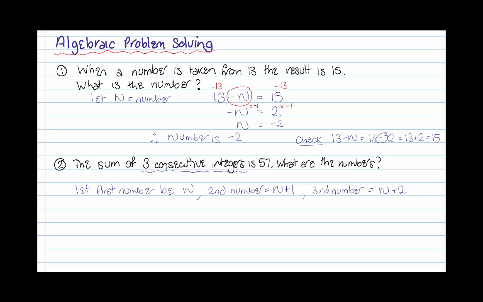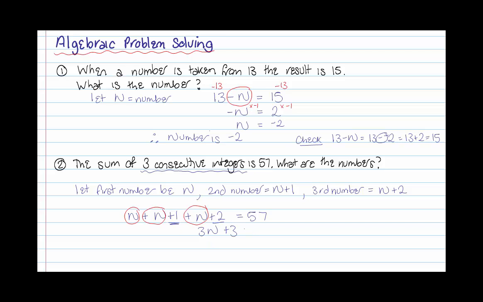So it says the sum of the numbers. So that means n plus n plus 1 plus n plus 2, and the answer is 57. So let's collect like terms. n plus n is 2n, plus another n is 3n. 1 plus 2 is 3.